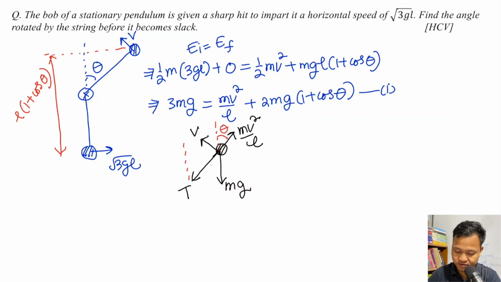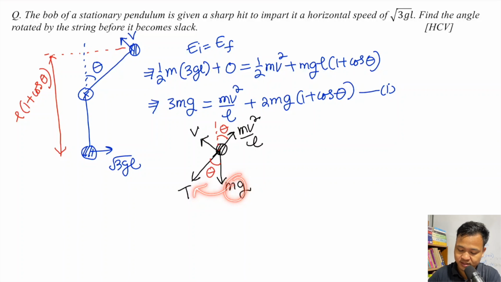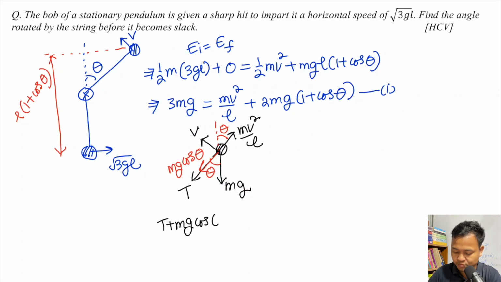Now take two axes, one along the string and another perpendicular to it. There is no motion along the string direction, so the net force there is 0. I take the component of mg along this side, which is mg cos theta. So T plus mg cos theta equals m v squared divided by L.